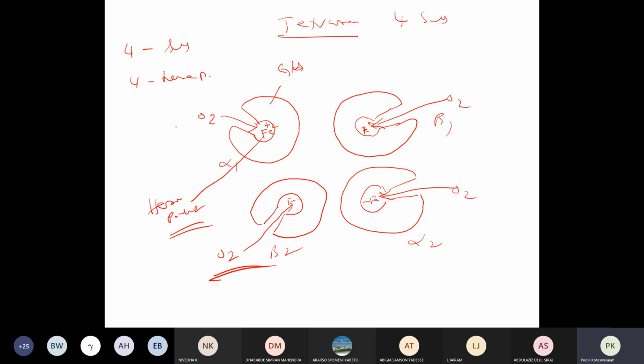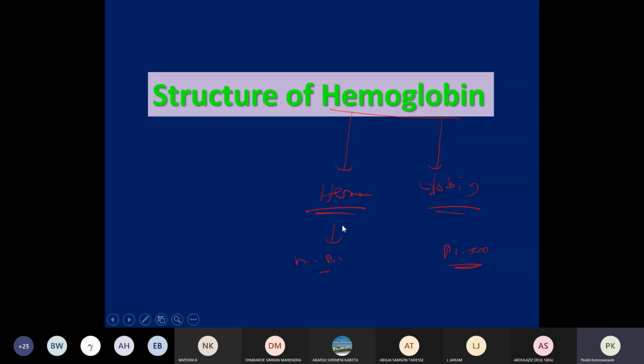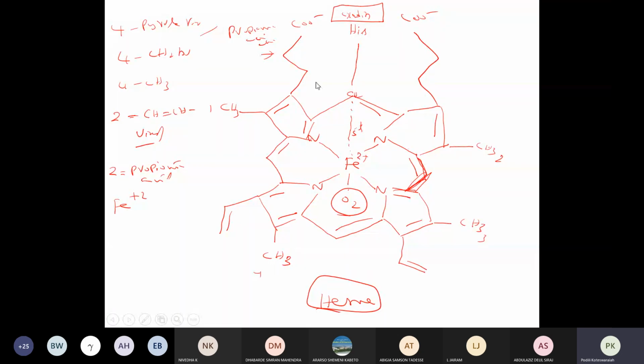This is the site where the oxygen binding takes place. So this hemoglobin has a heme part as well as a globin part. The heme part is the non-protein component, whereas the globin part is the protein component. The heme part is made up of the protoporphyrin ring system, with 4 pyrrole rings, 4 methylidine bridges, 4 methyl groups, 2 vinyl groups, and 2 propionic acid chains.